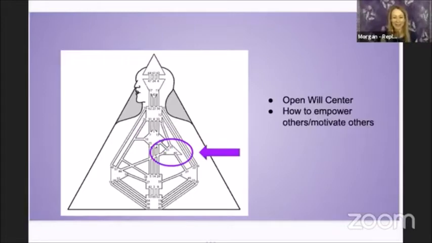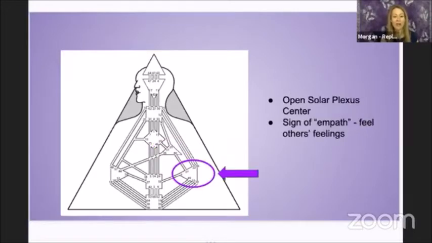Okay, and then next we have the will center. If you have an undefined will, you are able to take in and read intuitive information in the form of how to empower others. Then we have the solar plexus, the triangle on the right there. With the undefined solar plexus, you'll be able to take in and feel other people's feelings.